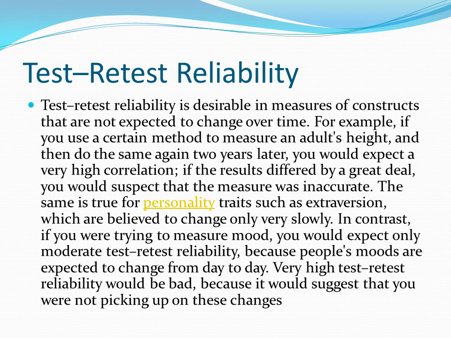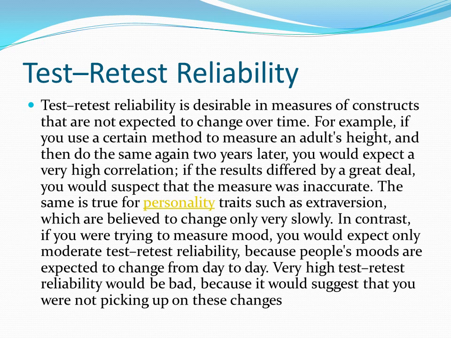Okay, and talking a little bit more on test-retest reliability, this is kind of what I had already said. Test-retest reliability is desirable in measures of constructs that are not expected to change over time. For example, if you use a certain method to measure an adult's height and then do the same again 2 years later, you would expect a very high correlation between the first time and the second time, because you wouldn't expect that individual's height to change.